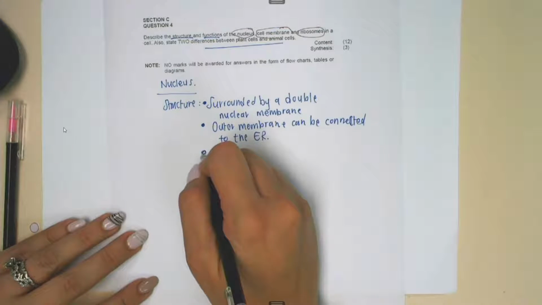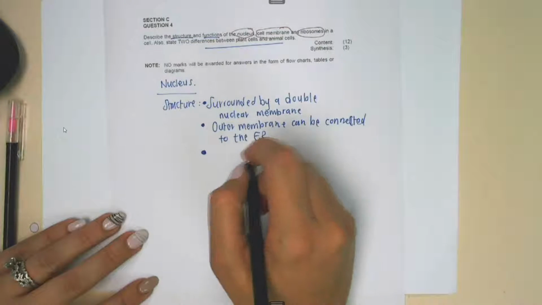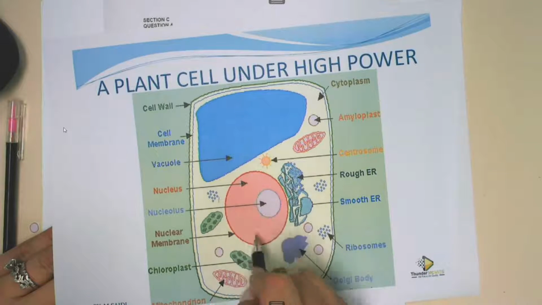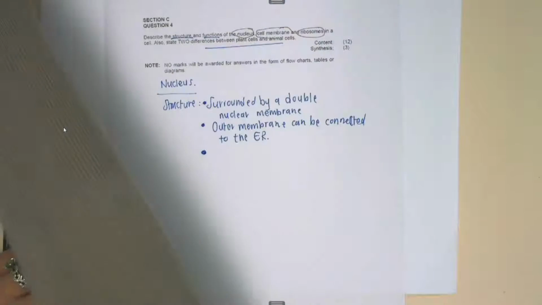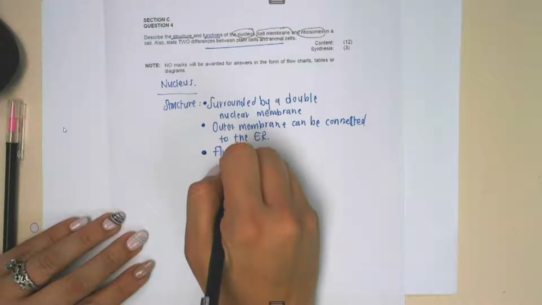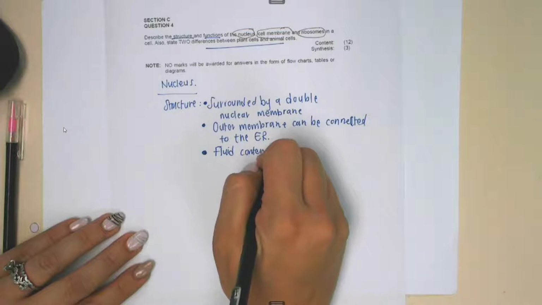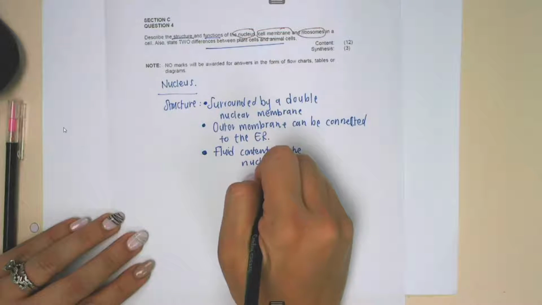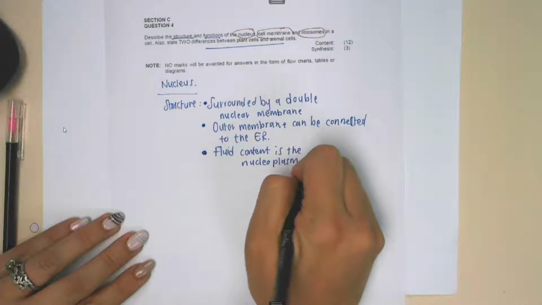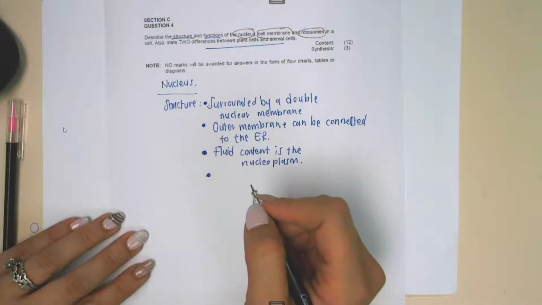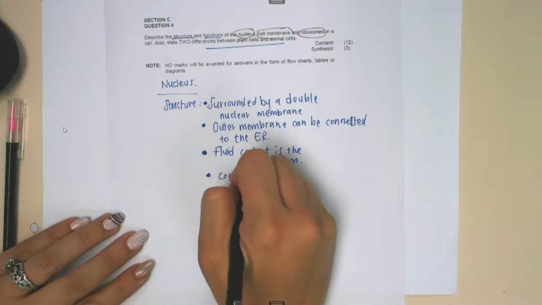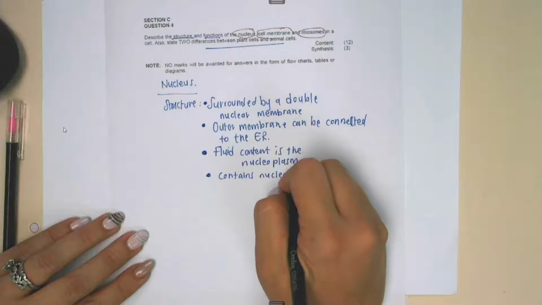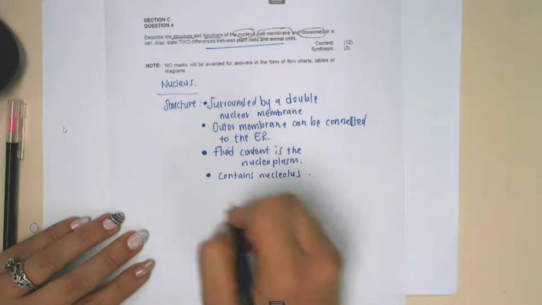Then, the fluid content is the nucleoplasm. So, inside our nucleus is the nucleoplasm. So, the fluid content is the nucleoplasm. You can also say it contains the nucleolus and the chromatin network.